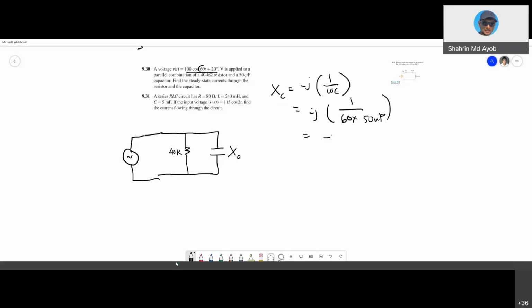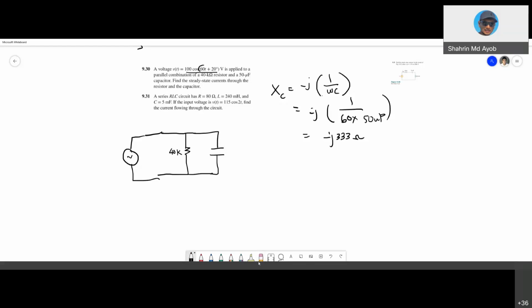So this will give you negative j, 1 over 60 multiplied with 50 times 10 to the negative 6. Then invert, and you will have negative 333 ohm.